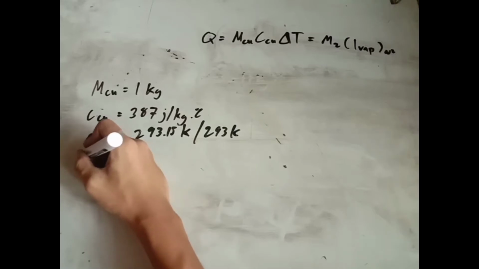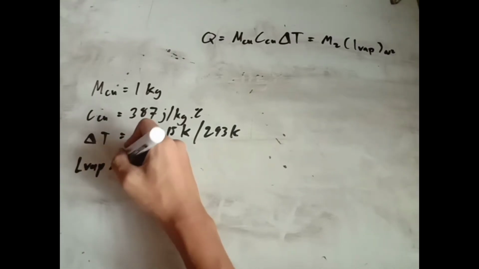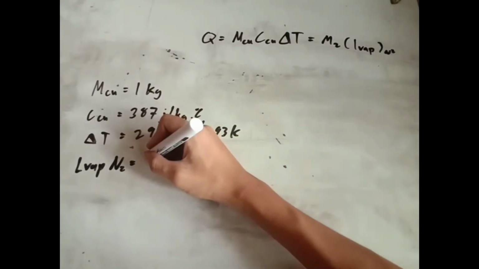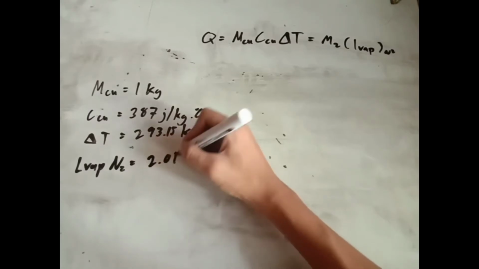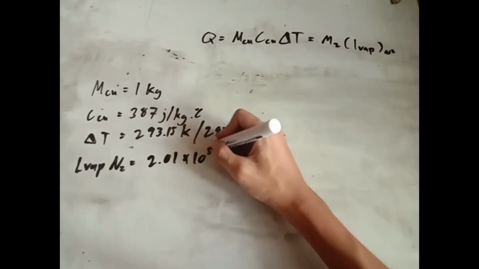And lastly, the latent heat of vaporization of nitrogen is 48.0 calories per gram. We'll need to convert this to joules per kilogram, so we'll have 2.01 times 10 to the power of 5 joules per kilogram.